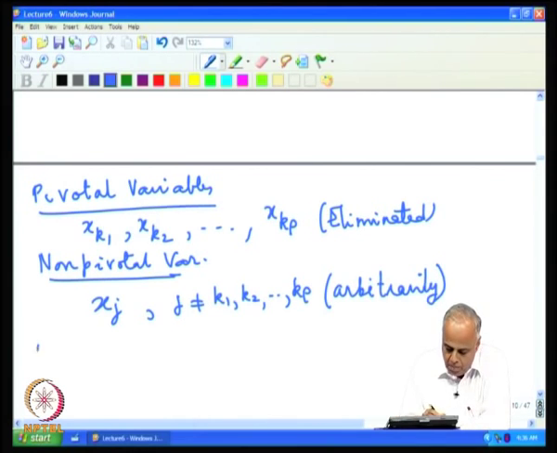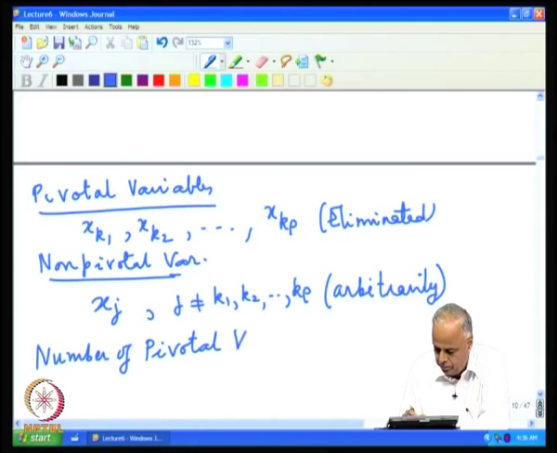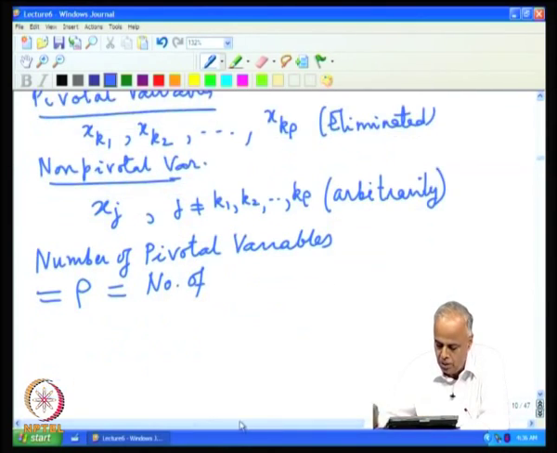Now, the number of pivotal variables is equal to rho, which is the number of non-zero rows in AR.